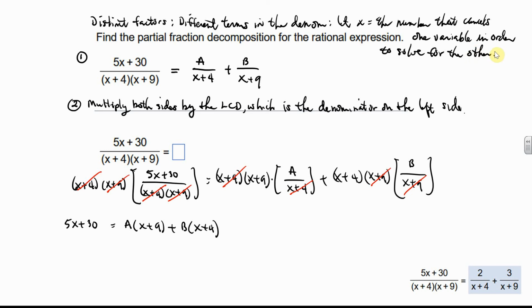Now that's nice and smooth and sweet for distinct factors. It works here automatically. So this is step number 3.